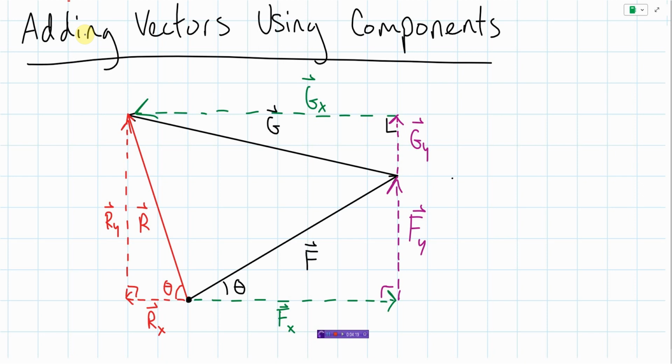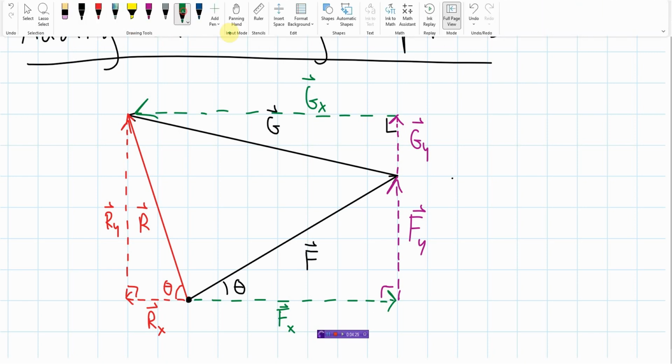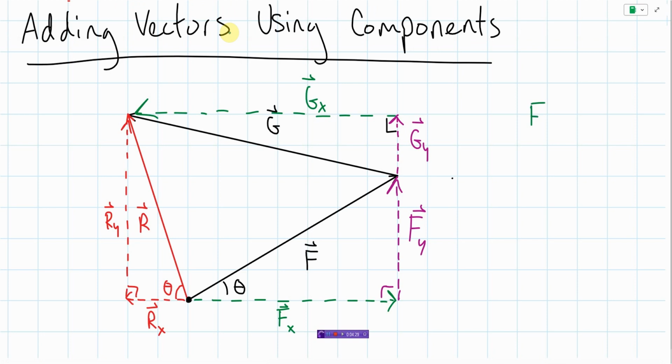So if I did Fx plus Gx, where I'm adding the vectors, Fx is like positive 7, Gx is negative 9. If I add those, what I get is the same as Rx.